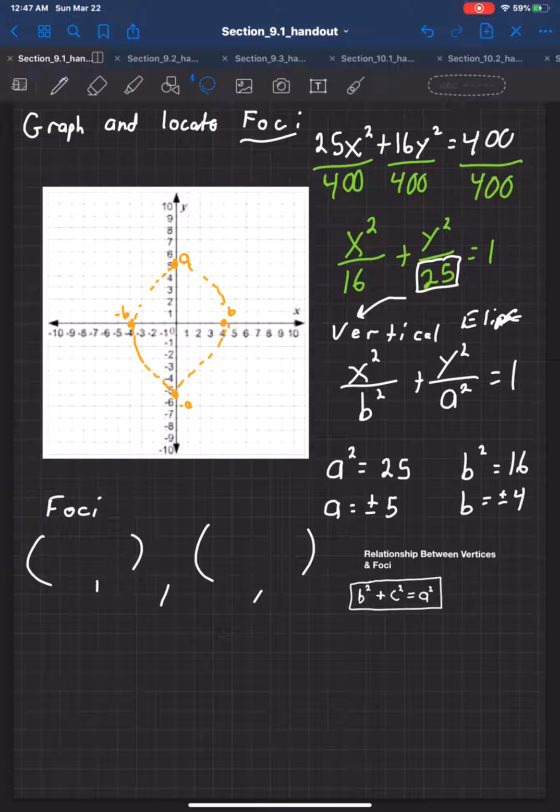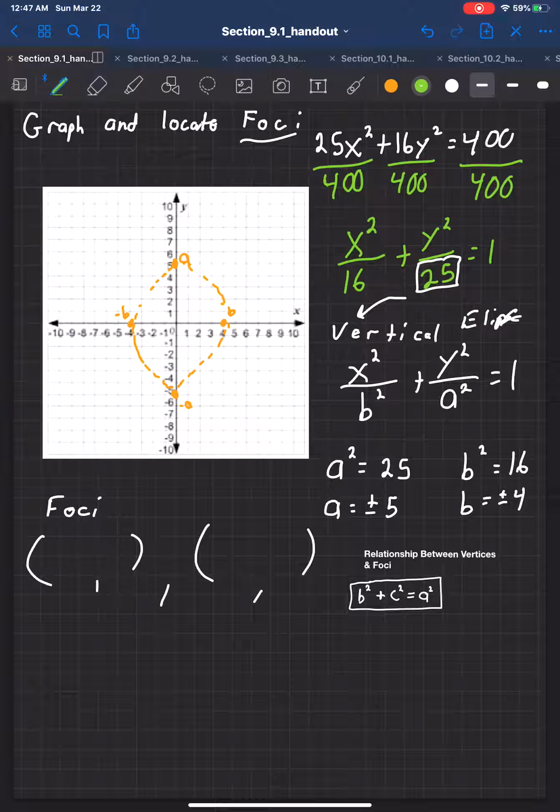But in the meantime, let me pose the question to you: are my focal points going to be on the x-axis or the y-axis? They're going to be on the y-axis, because notice that the focal points are always on the major axis. The major axis is always running from negative a to a.